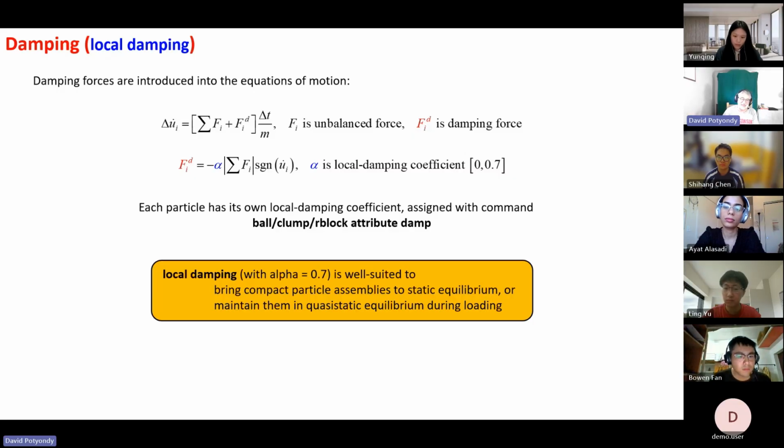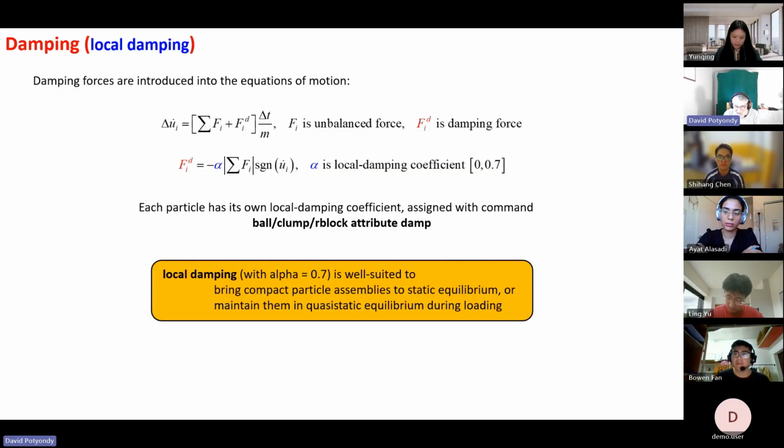That's what we call local damping. Every particle gets this external magic damping force that's going to slow it down and take energy out of the system. And this is controlled by a single parameter called the local damping coefficient. And we typically set that between 0 and 0.7.